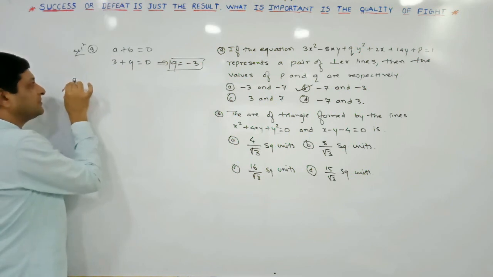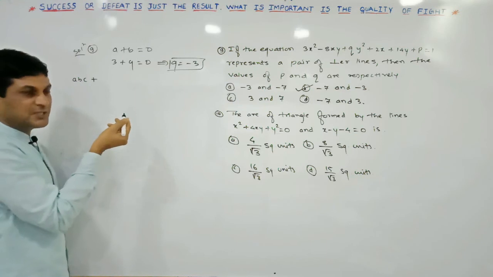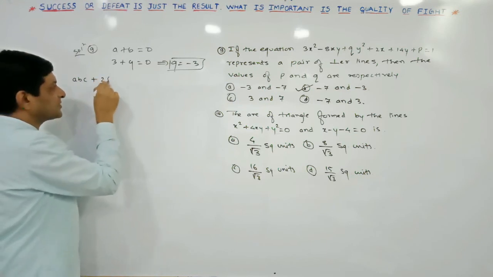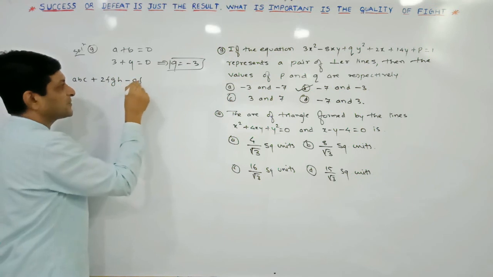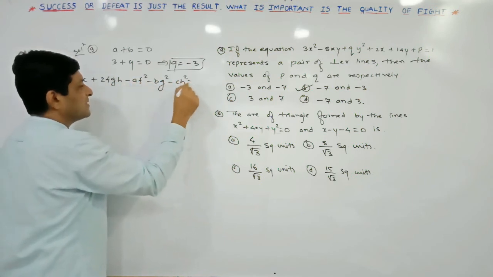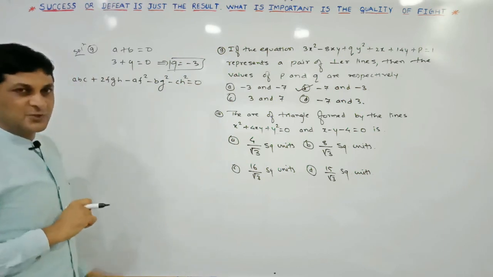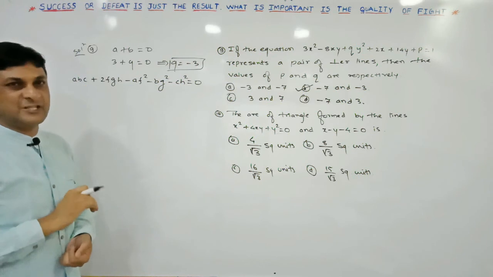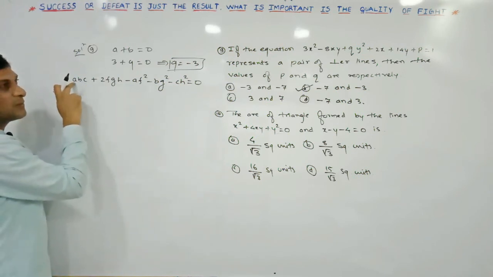Even we know that if this equation represents a pair of straight lines, at that time which condition is satisfied? abc plus 2fgh minus af square minus bg square minus ch square will be equal to 0. Or you can use the determinant method also, or you can use this expression also. Now we are substituting the values of a, b, c. What is a here?